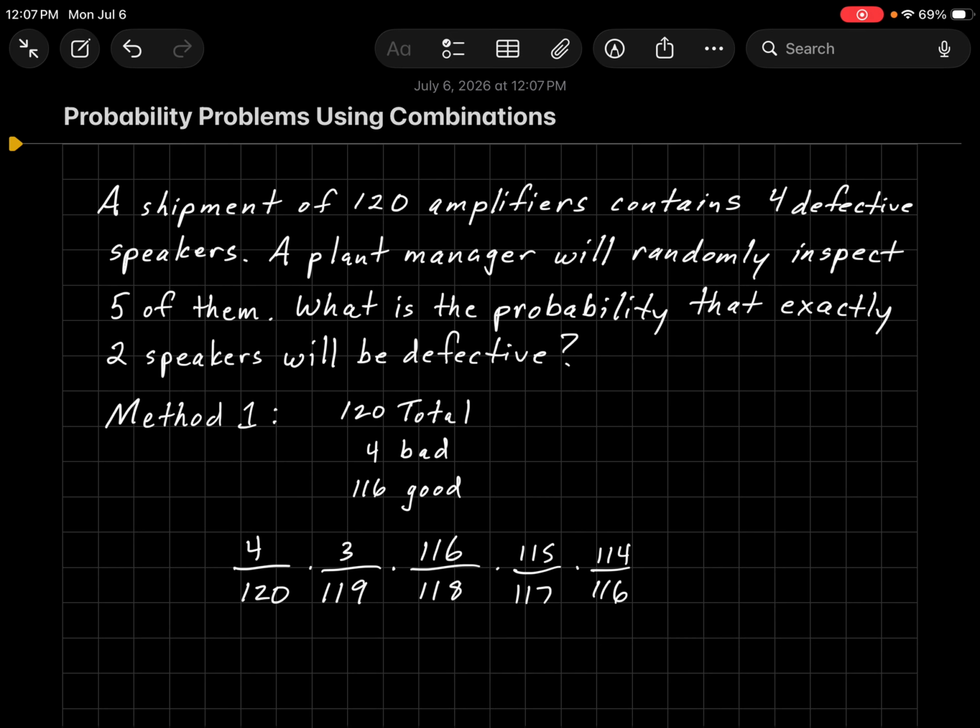Well, no. Because it could be not only the first 2, it could be the first one and the third one, or the first one and the fourth one, et cetera, right? So how do we count the number of different ways we can choose 2 bad out of 5? Well, that's going to be a combination.